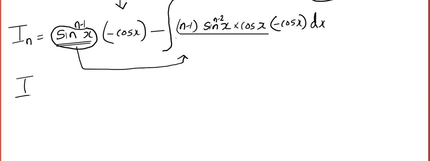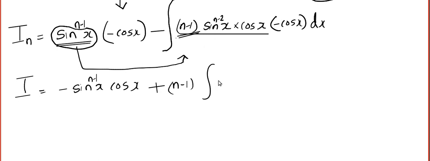Now we will keep on modifying this till we get something good out of it. Now this minus and minus will be plus, and n minus 1 goes outside, and we have integral sine to the power n minus 2 x and cos square x.